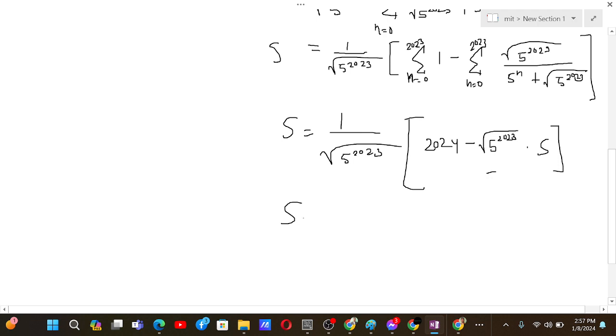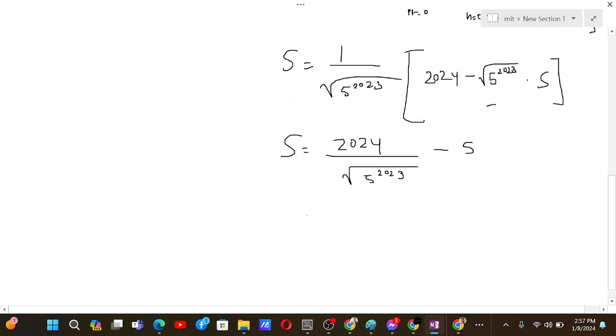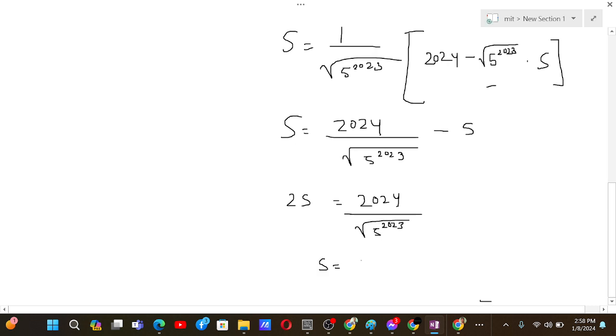Now we will have s equals 2024 by square root of 5 to the power 2023 minus s. So 2s will be 2024 by square root of 5 to the power 2023, and then s equals 1012 by square root of 5 to the power 2023.